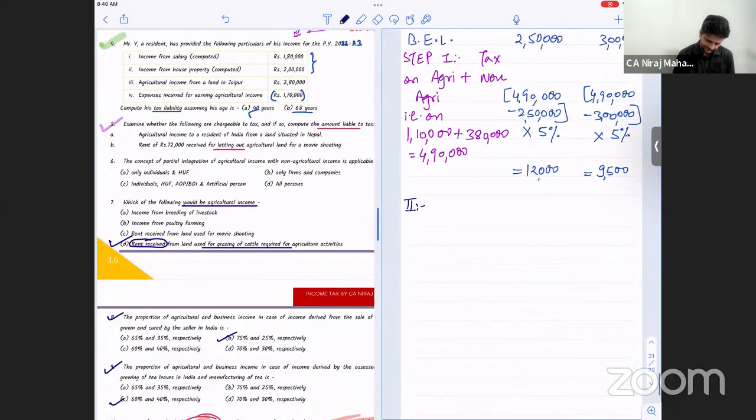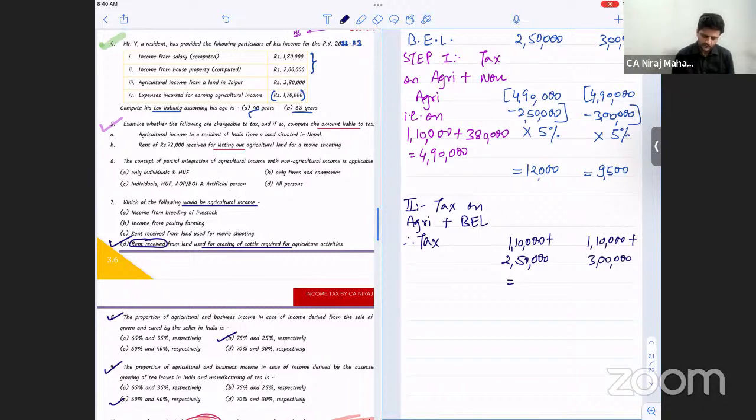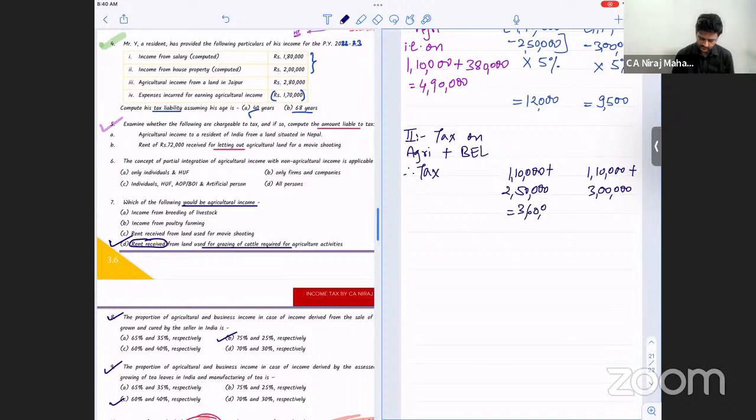Then tax on agri plus BEL. Therefore, tax on, I'm writing here purposely now because they're different. So 1,10,000 plus 2,50,000, correct? And over here 1,10,000 plus 3 lakhs. Fine till here. So it is now 3,60,000. On that you have to calculate taxes, and over here on 4,10,000.